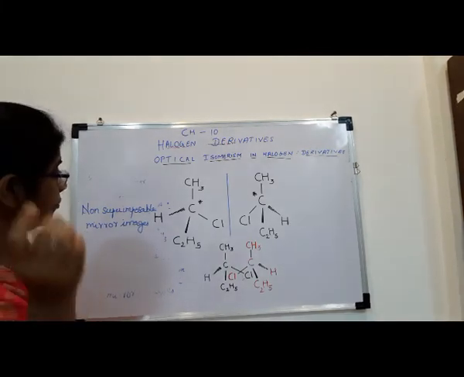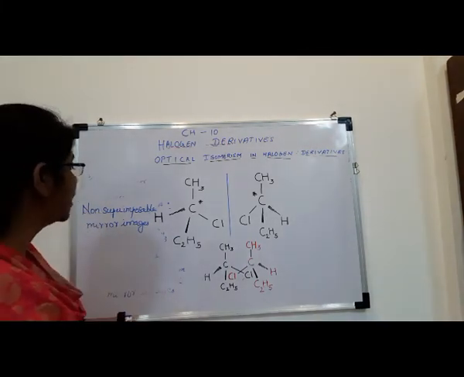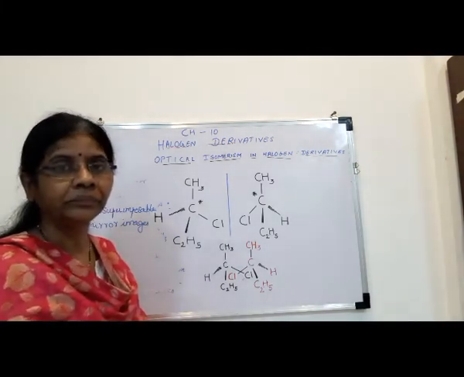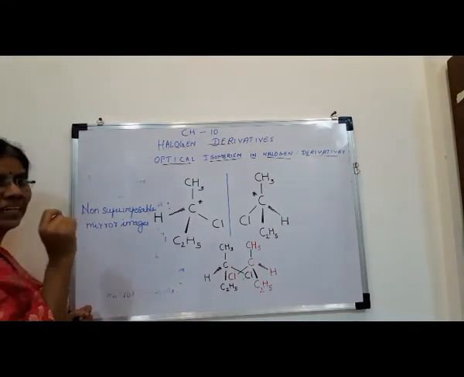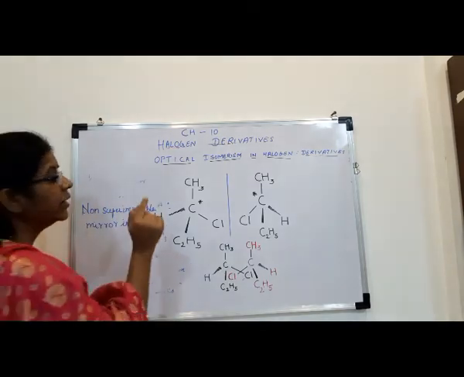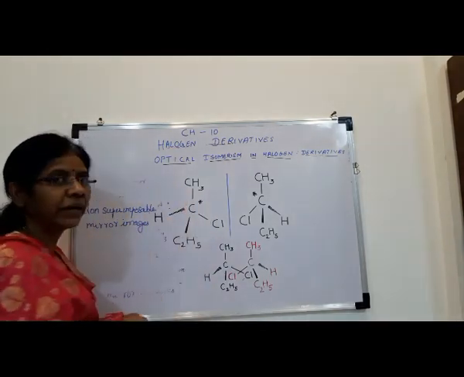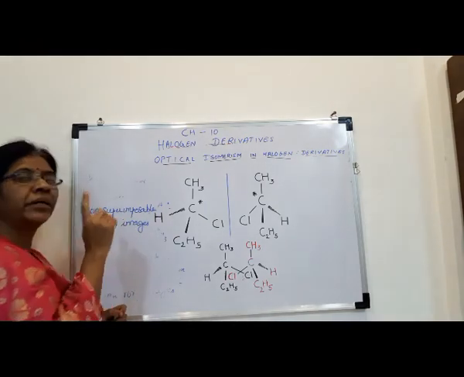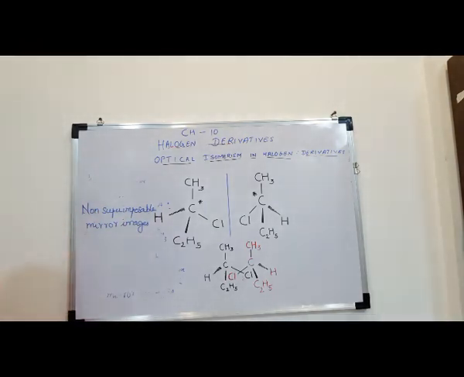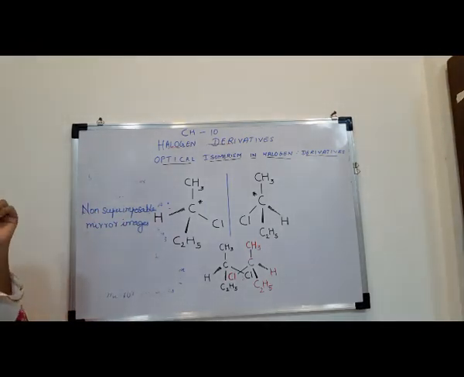Alright. So once we have seen what we mean by chiral carbon atom, what is chirality? All those organic compounds which contain at least one chiral carbon atom exhibit the phenomenon of chirality, or they exhibit the phenomenon of optical isomerism.